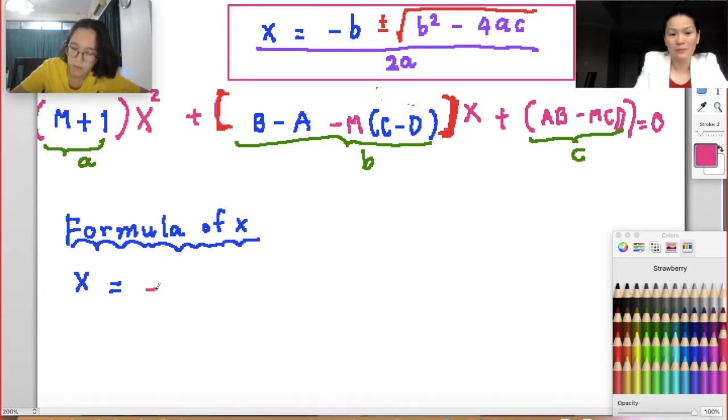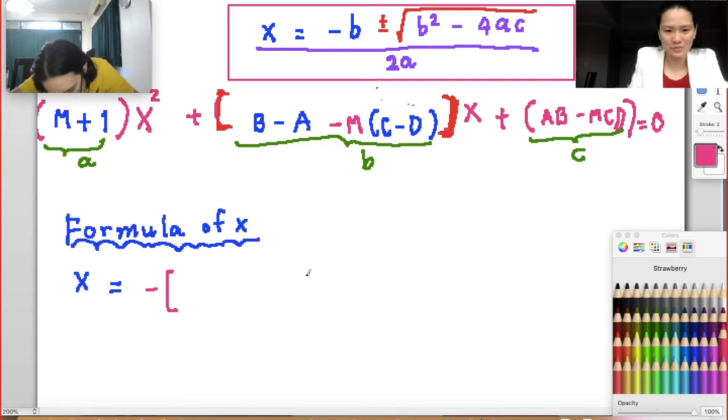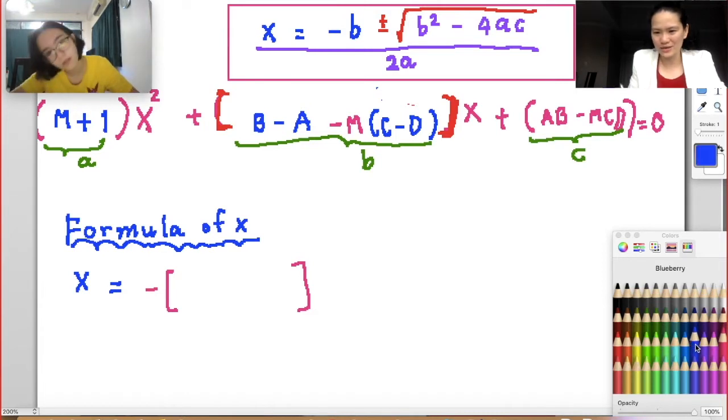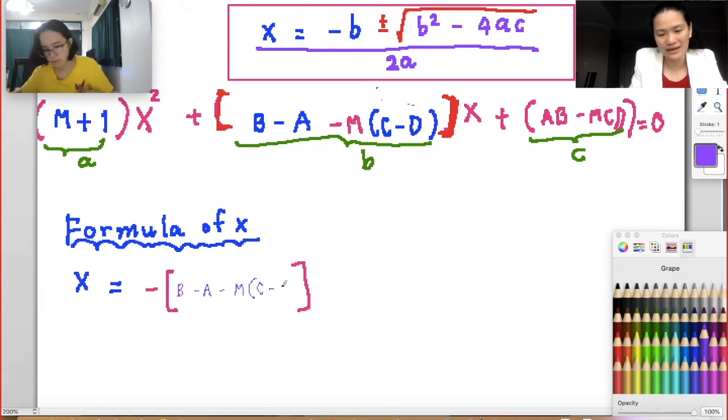What is b? b is here. I use a small one. It's complicated. b is b minus a minus m, and m multiplied with c minus d.